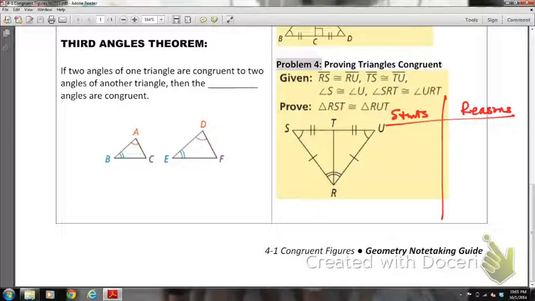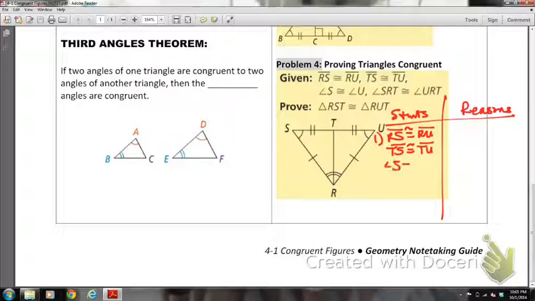The first thing we're going to list is the information that we're given. In statement 1, we're given that segment RS is congruent to segment RU, and we can put all this in the same statement. Segment TS is congruent to segment TU.